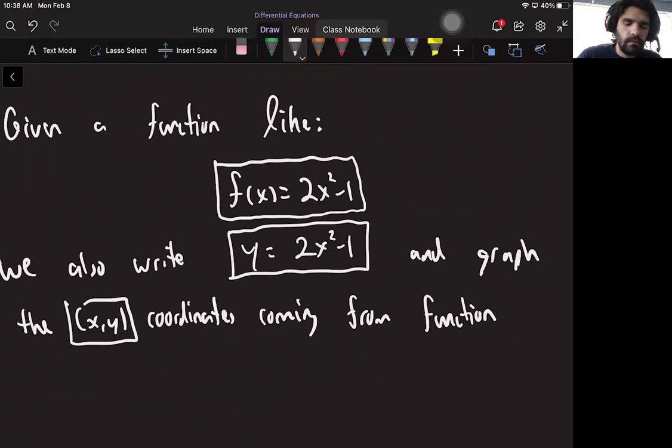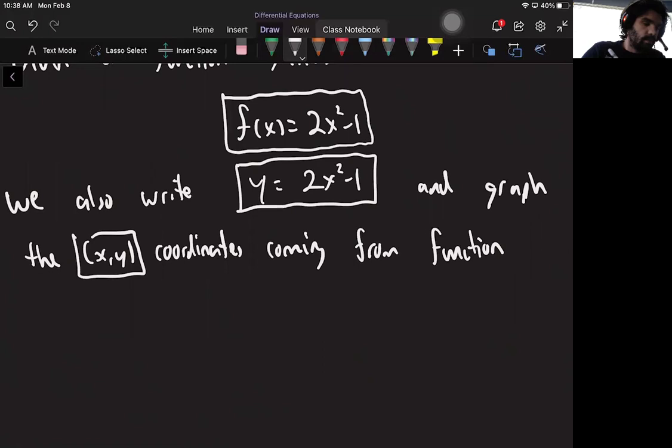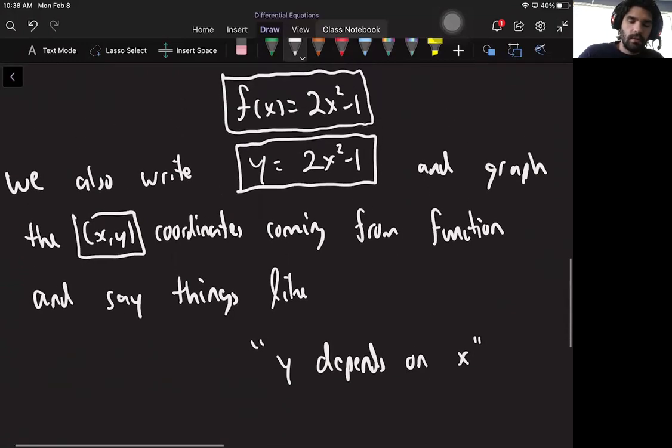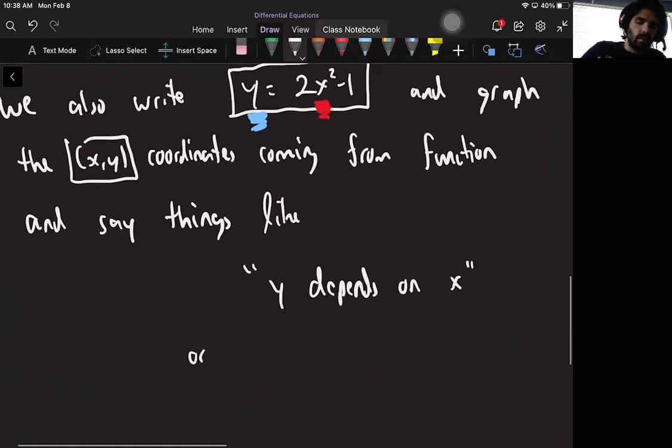And then they say things like this. There are lots of different ways to say the same thing. You might say y depends on x when you're graphing it, because you're first plugging in a number for x, and then out pops a y after that. So y is dependent on x. Or you could say y is a function of x.